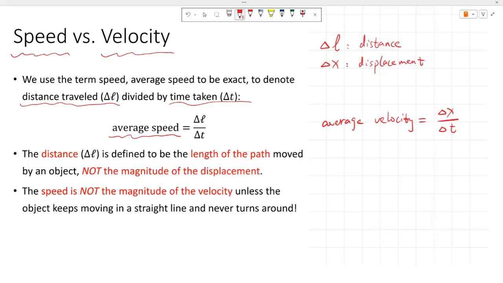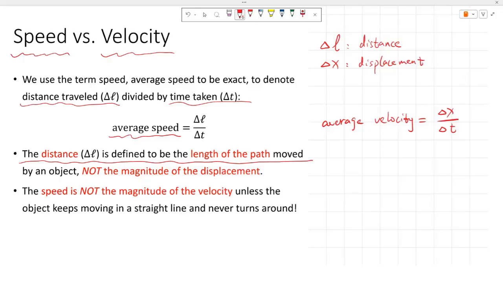So now the question is, is the displacement the vector version of the distance? Which is not quite. This is how we define the distance. The distance is the length of the path moved by the object.